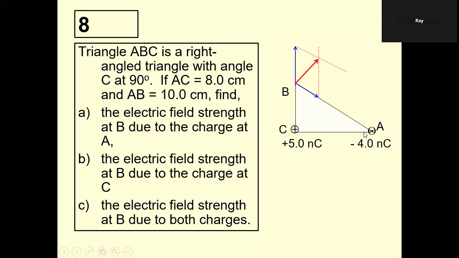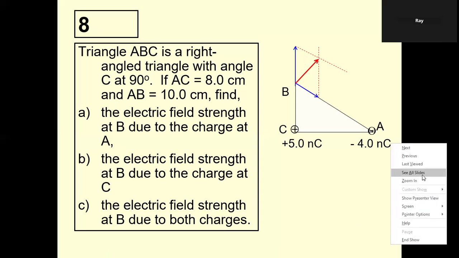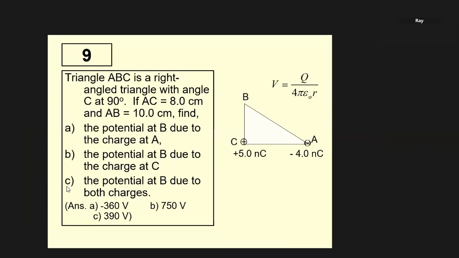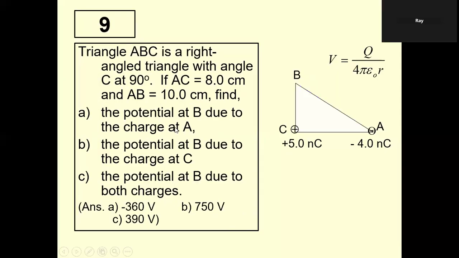Due to this negative 4, the electric field is going towards A. Then complete the parallelogram and find the resultant electric field. It's a lot of calculation. So just to illustrate to you, potential is easier to calculate. You're just using this formula, that's all. So it's easier.